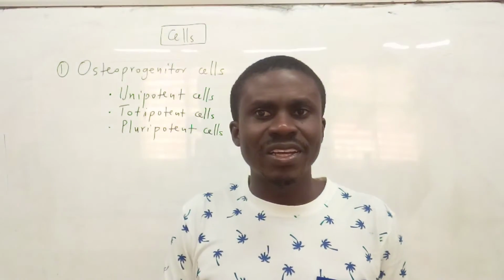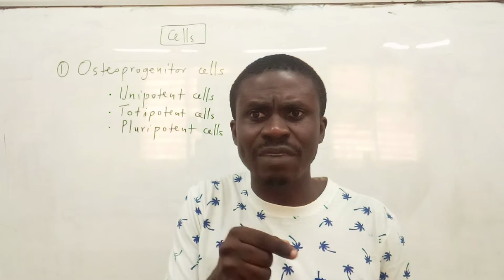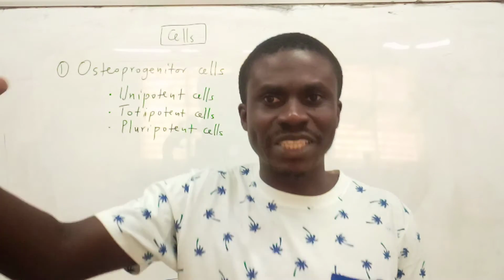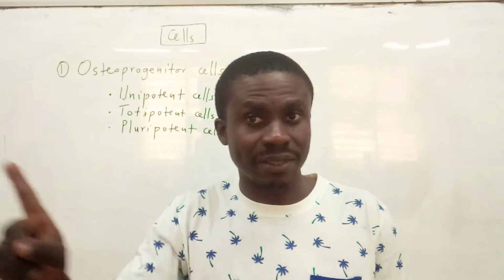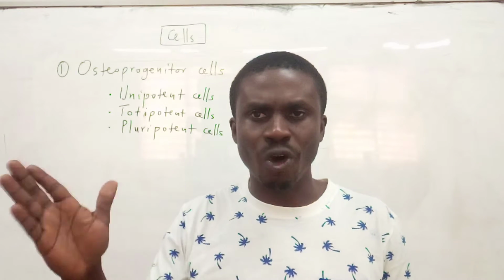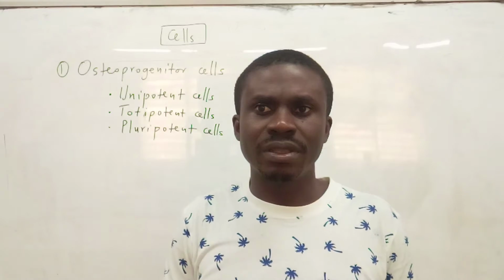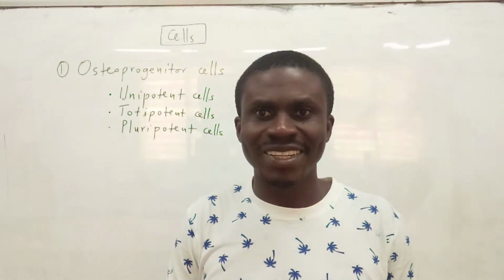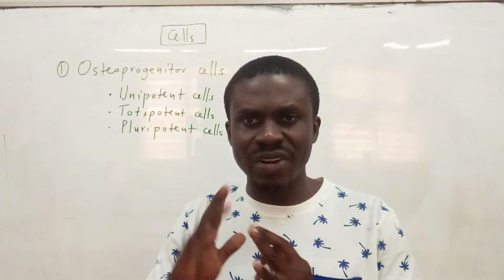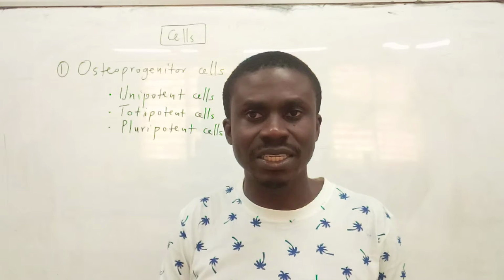For instance, these hematopoietic stem cells I'm talking about can commit themselves to becoming the red blood cell, mature red blood cells, through something we call the myeloid series. They can become, of course, the monocyte. They can become the megakaryocyte, which will eventually go through fragmentation, giving rise to what we call platelets, the thrombocyte.